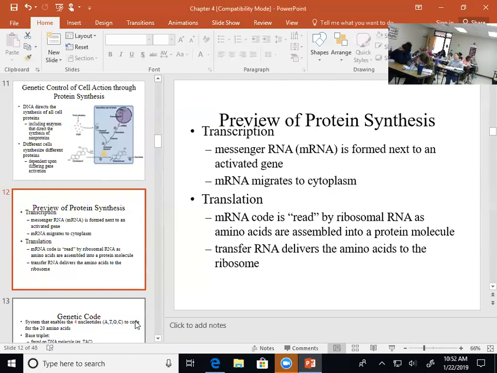We know that people who are under tremendous stress for long periods of time, whether it be from famine or emotional stress or whatever, they tend to have more of certain diseases. And again, why? Because of what we know is happening. The switches being turned on and off. So that's epigenetics, and I don't think they talk about it in here, but I feel like students need to know about that. So, all right.